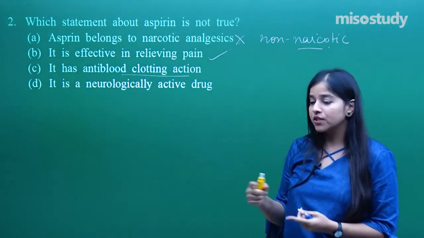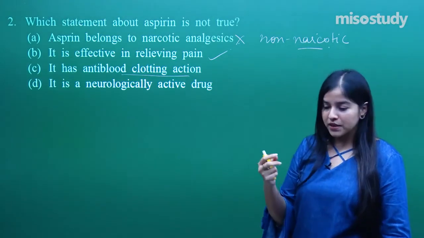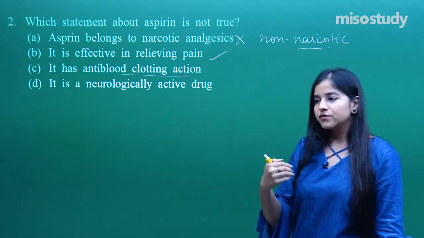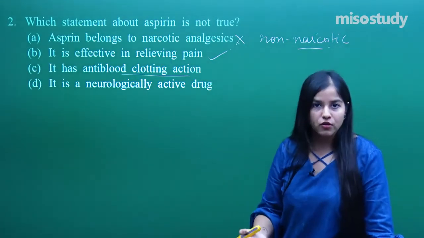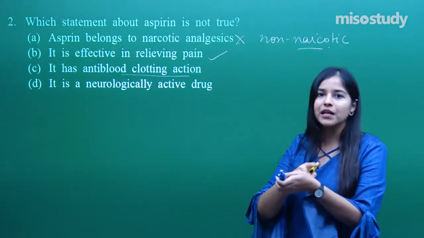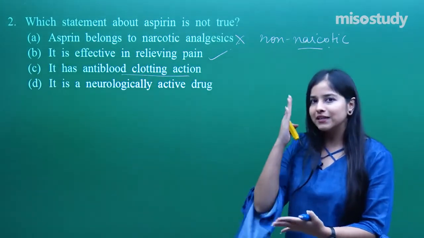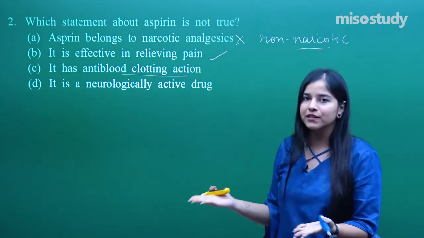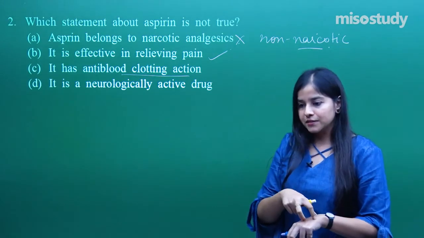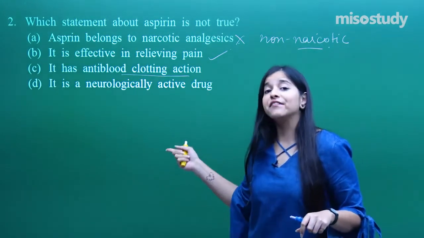What is neurologically active? Our nerves pass signals to the receptors present in the brain, and that is how we feel pain in any part of the body. These kinds of drugs cut that action and I cannot feel the pain, although that part is affected and I would be feeling pain if I hadn't taken the medicine.